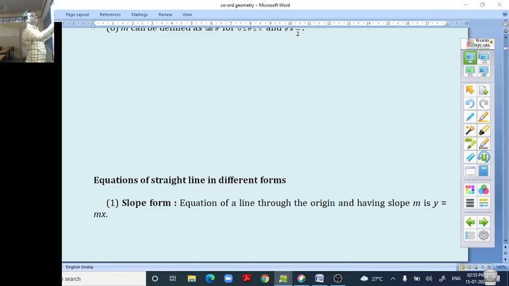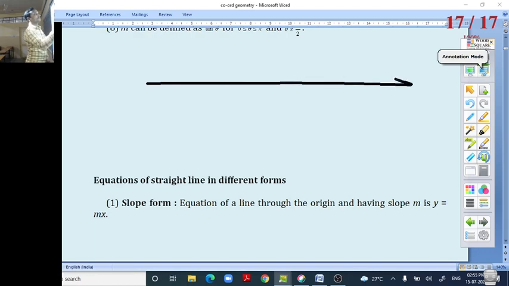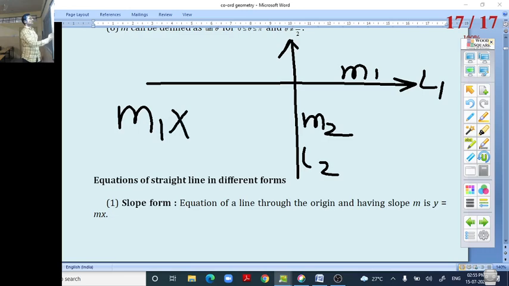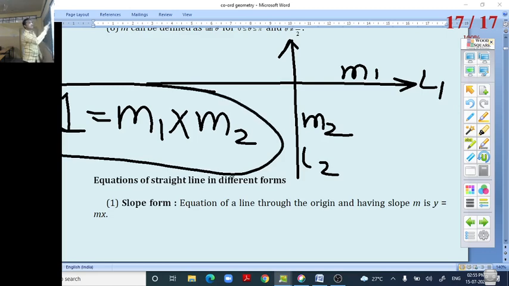Fine. And suppose there is a line L1 and another line L2, where L1 has slope m1 and L2 has slope m2. If the product of both the slopes is equal to minus 1, then we can say that these two lines are mutually perpendicular.